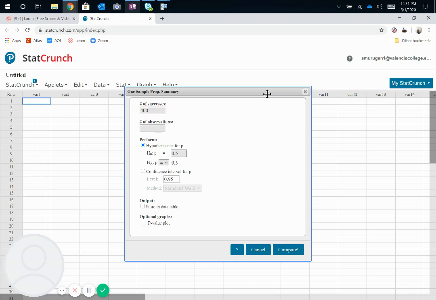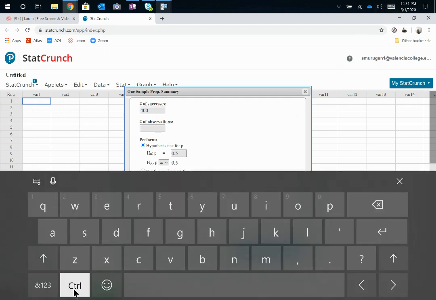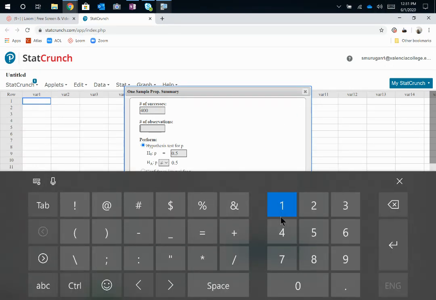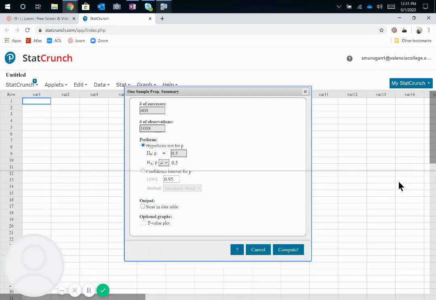Then in the second box, the number of observations is 1,008. Next, you want to select the correct confidence level, 0.95. And you can change that if you're given, say, 0.99 or 0.80, and compute it.